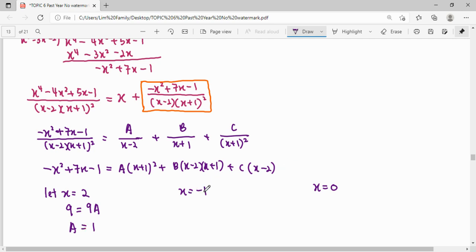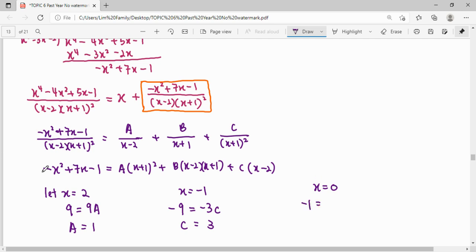Continue for another x value, x negative 1 here will be equals to negative 9. And then when we substitute here, negative 1, 0, negative 1, 0, here, negative 1, negative 2, together negative 3, c. So c, negative 9 divided by negative 3, we get 3.